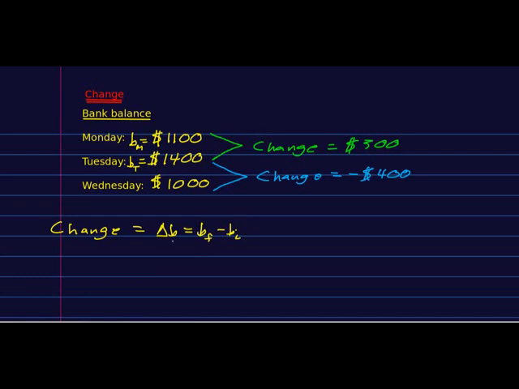For example, you see that the delta B on Tuesday from Monday is B Tuesday minus B Monday, and that gives you the $300. And similarly, your change in bank balance on Wednesday from Tuesday would be B Wednesday minus B Tuesday.